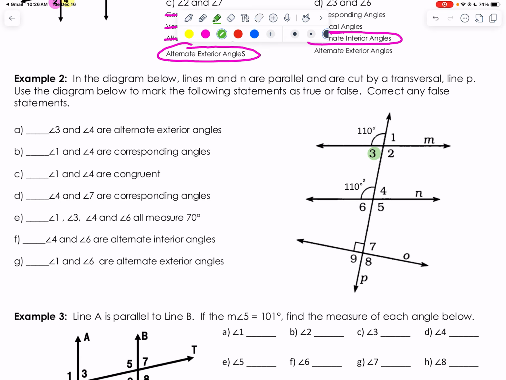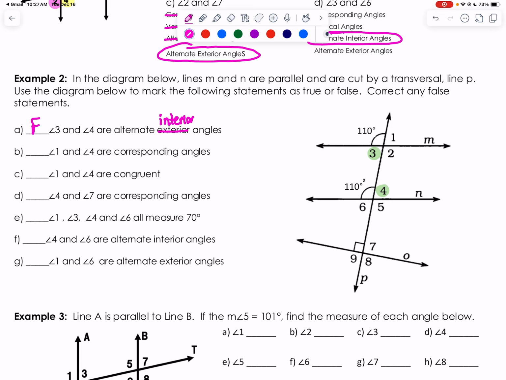That's inside the parallel lines. So I don't think they're going to be alternate exterior angles. Here's angle 4. Those are both inside the parallel lines. So I'm going to say this is false. And it said to correct it. So I'm going to say they're not alternate exterior. They are alternate interior angles.